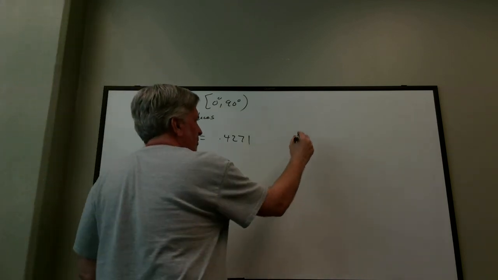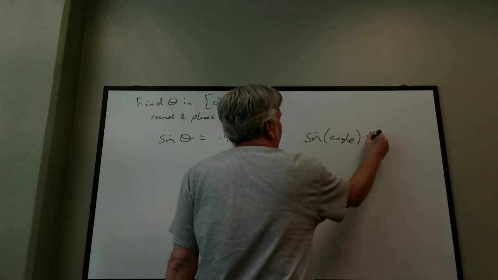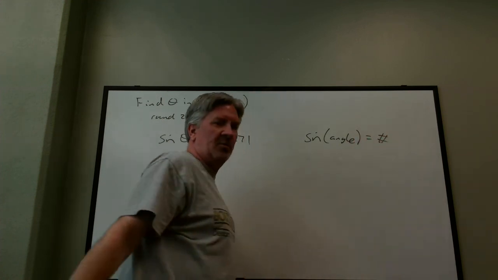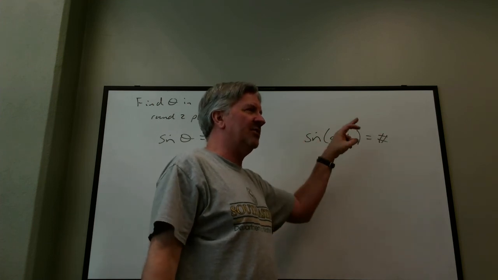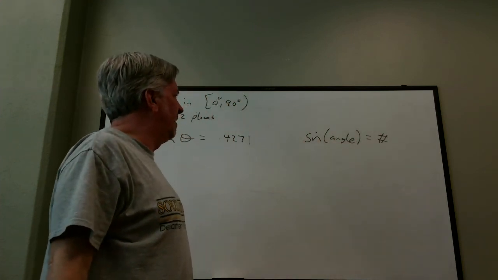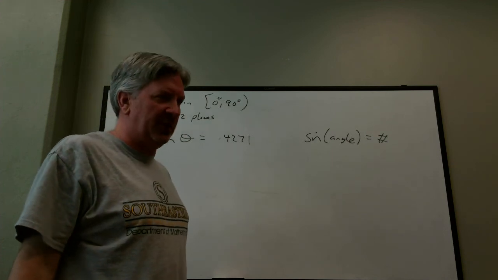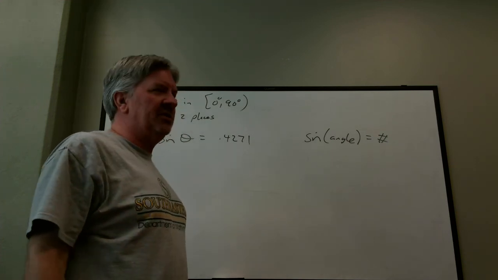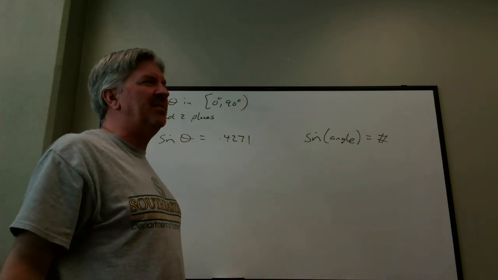Think about what we were doing. We were taking sine of an angle and spitting out a number. Sine of an angle is a number, cosine of an angle is a number, tan of an angle is a number, etc. Now, you may remember in college algebra, you had the idea of an inverse function. Inverse functions undo the original function under composition.